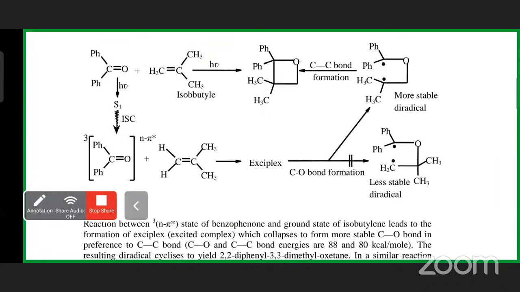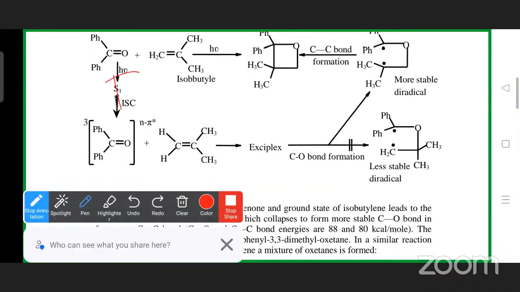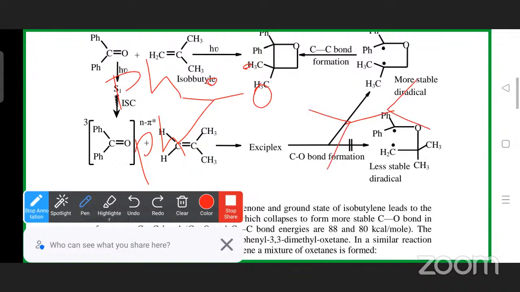Here I will show you. Radical, and here also the olefin. Okay, here is a methyl. Here is a methyl, and here are hydrogens. Here is a hydrogen. Here is a radical, and here is a radical, right?